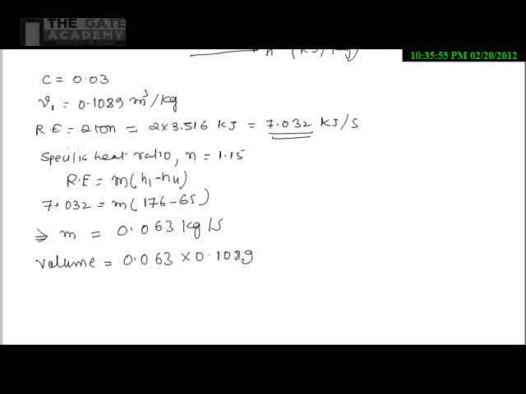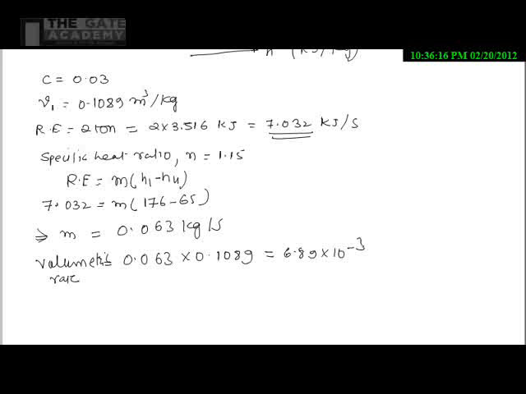So that is the volumetric rate. So 0.063 into 0.1089 gives 6.89 into 10 to the power minus 3. So this one is the volumetric rate.